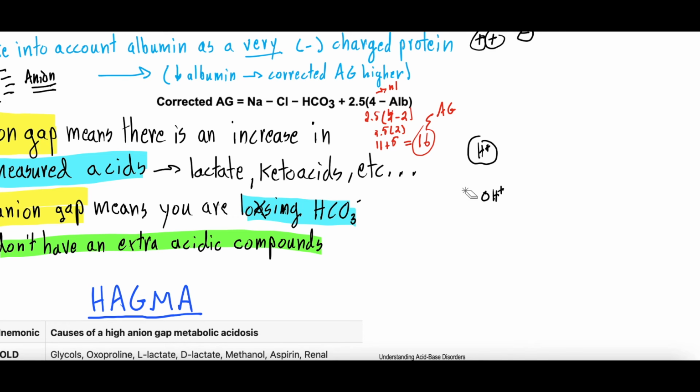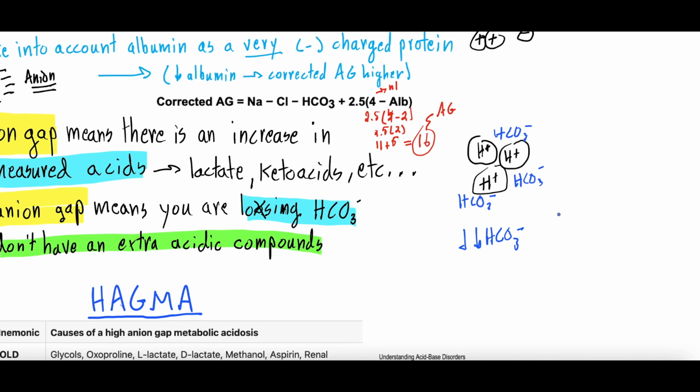So you can think of it as these acidic compounds giving the body all this extra hydrogen ions. So what has to happen for the body to try to compensate? Well, you're going to have bicarbonate coming over to try to neutralize that acid. So you're going to get a decrease in bicarbonate.